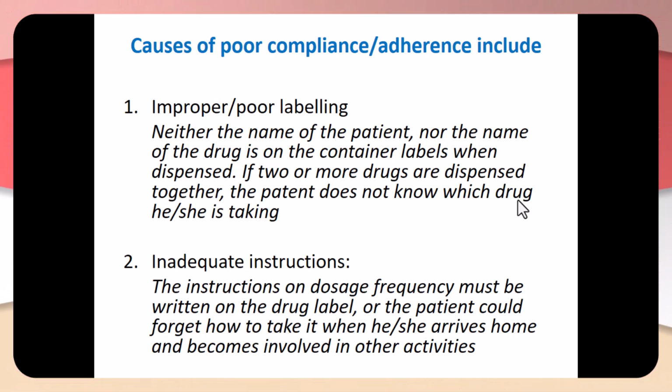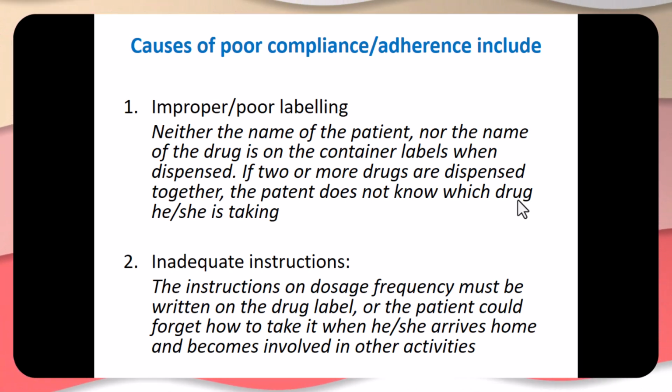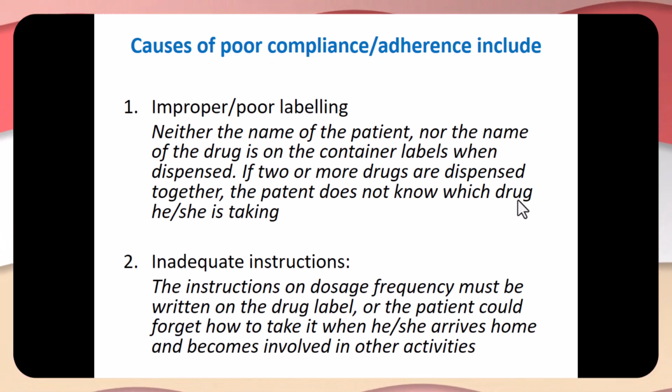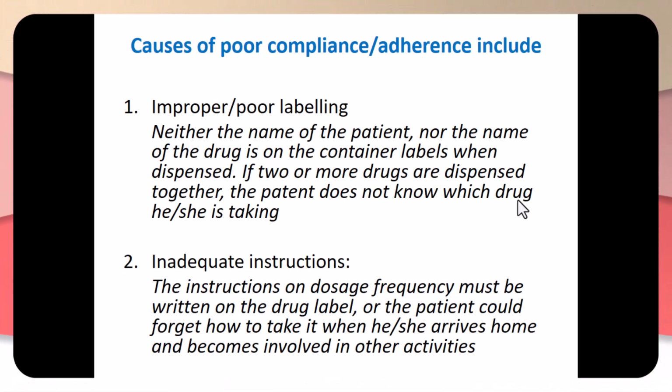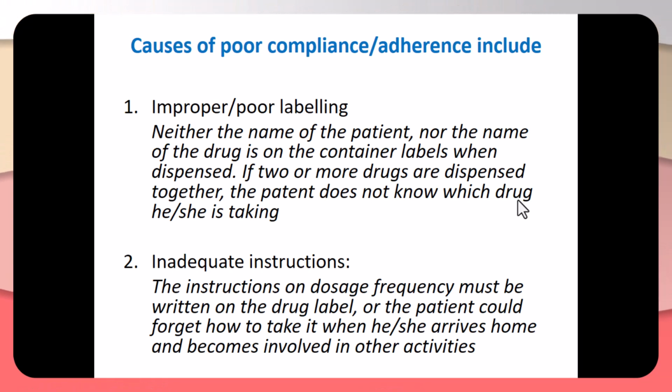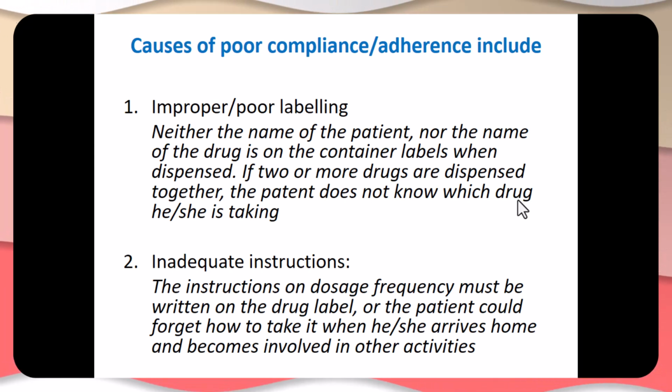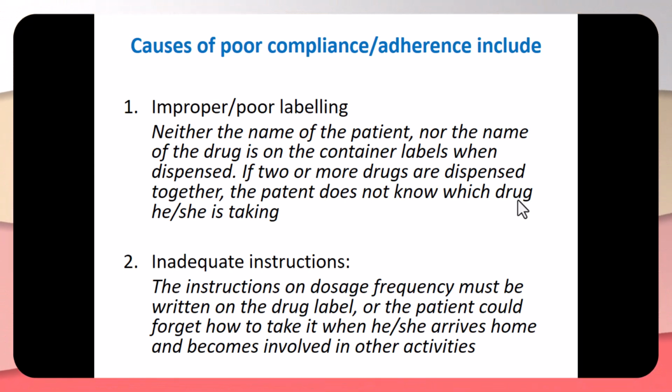If two or more drugs are dispensed together to this patient, and the patient does not know which drug he or she is taking because you didn't include the name, and maybe making it worse, you have not included the duration, the dosage, how they should take it, when they should take it, after how many hours they should take it. So it becomes a cause of them not complying to treatment because first of all they don't know what they are taking, they don't know whether it is the right medication for them because the name of your patient is not included there.